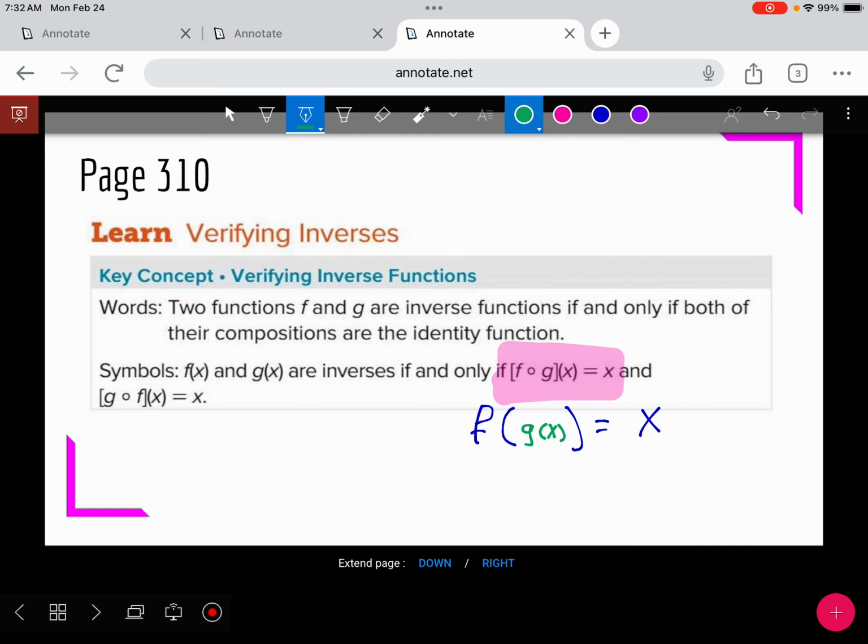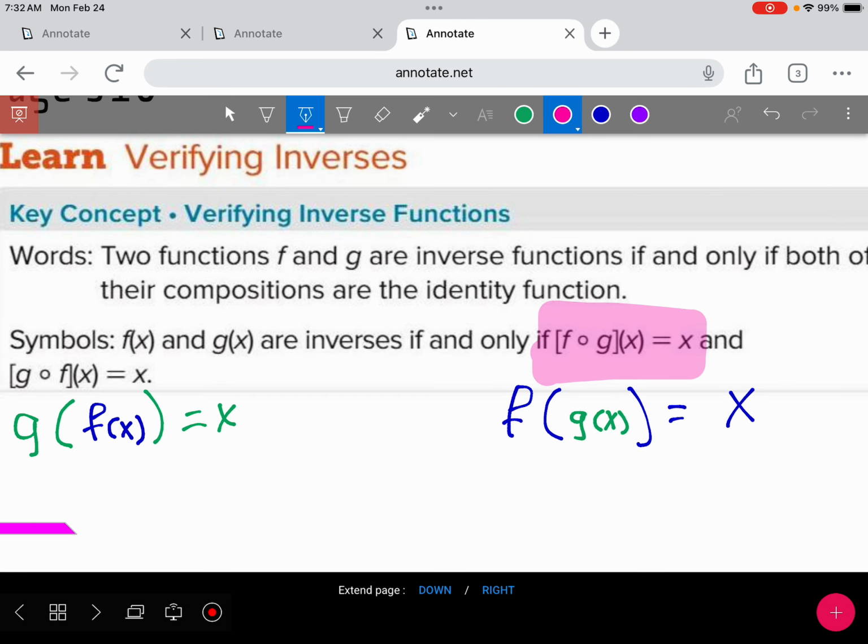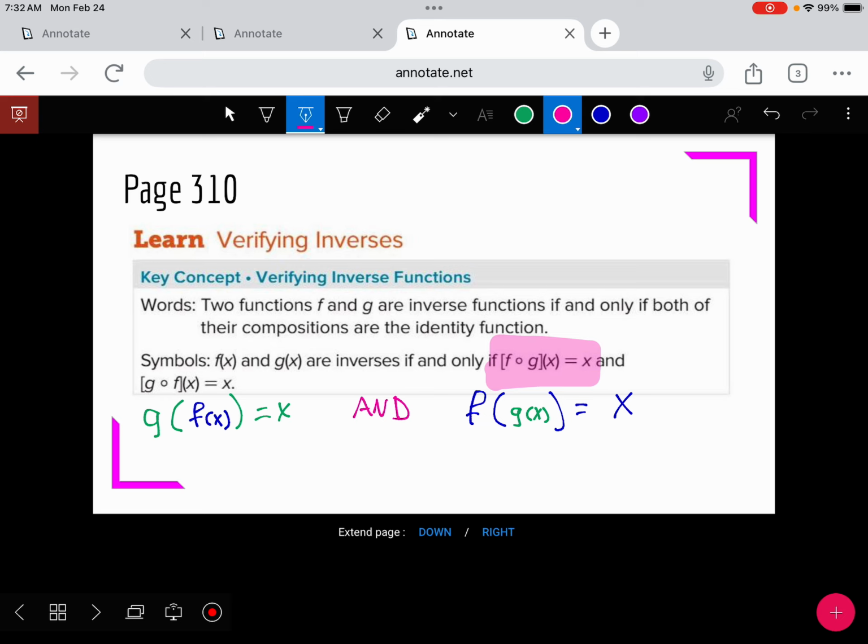And we have to do both: g of f of x also equals x. So both have to be true for them to be inverses. It only takes one to not work for us to be able to say that they're not inverses. So we need to do both compositions. We need both to say yes. It only takes one to be wrong for us to say no.